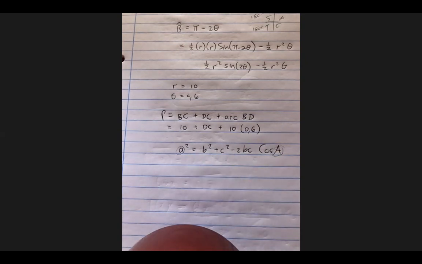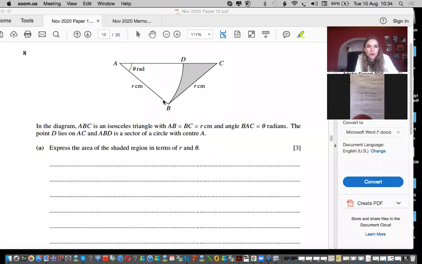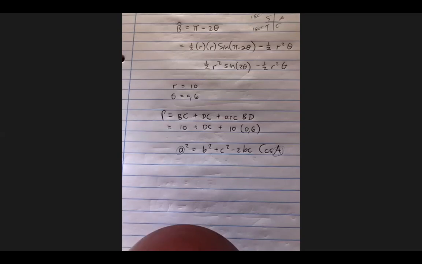So keeping that rule in mind and maybe quickly copying it down, I've got side 10, interior angle, remember that weird one with pi minus 2 theta. And then I also have my AC, which is the one that I want to work out. So this is a perfect scenario to use the cos rule.